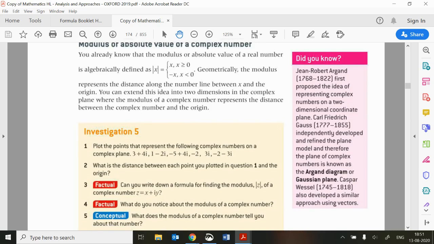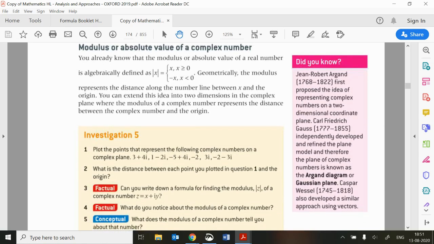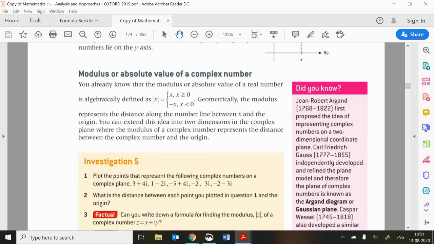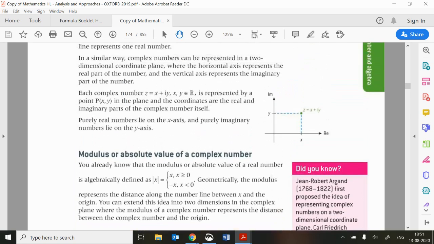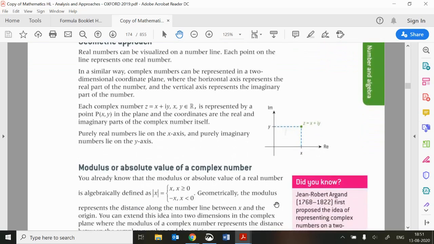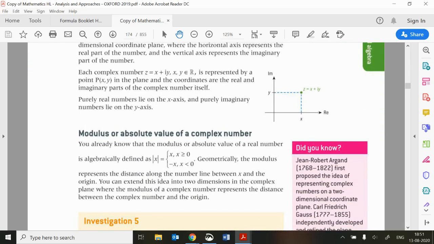And we have Jean-Robert Argand, I guess you pronounce it in the French way, first proposing the idea of putting these things on a coordinate plane. Now, this is a Cartesian way of representing our complex number. We'll talk about other ways of doing that later on.